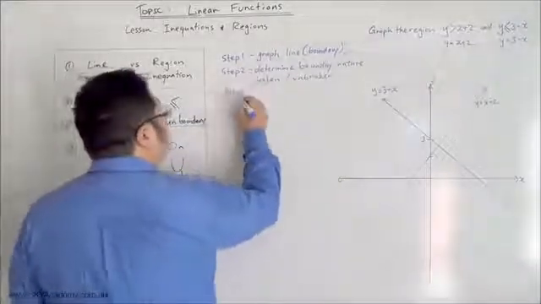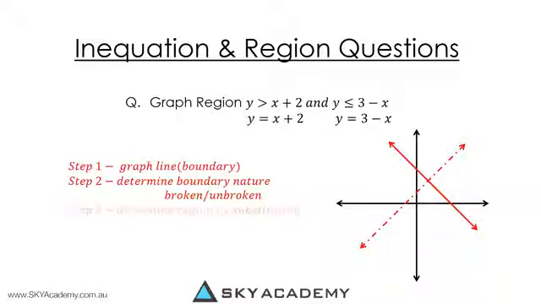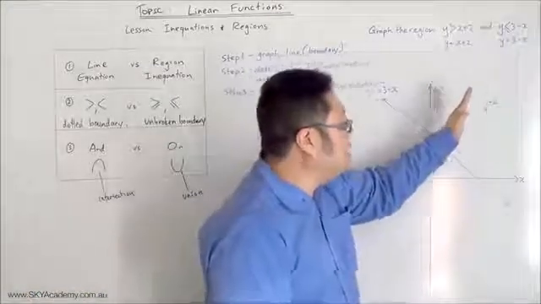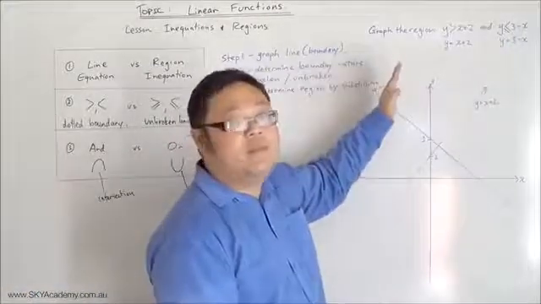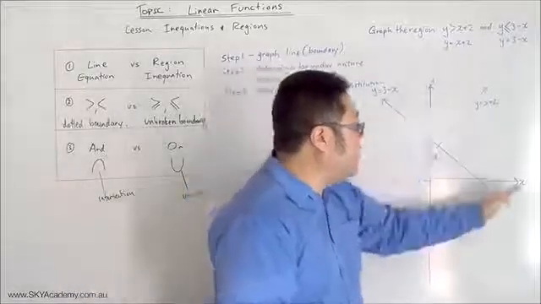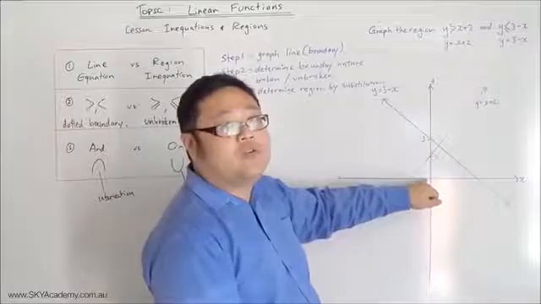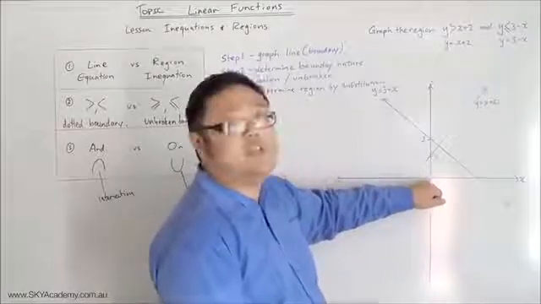Step 3 is determine region by substitution. So by substitution, what I mean is, for this line here, the region's going to either be the bottom half or the top half, right? And the way you work out whether it's the bottom half or the top half is by substituting, and a good point to substitute is always the origin, 0, 0.